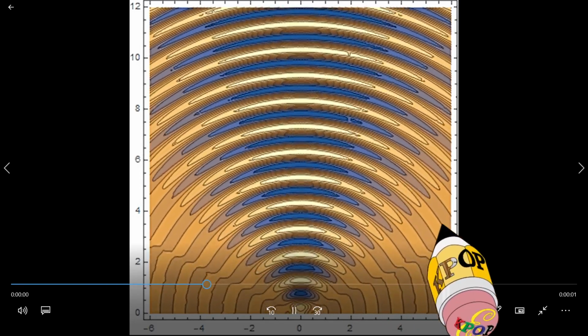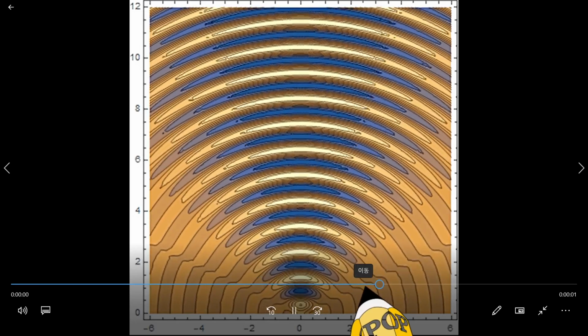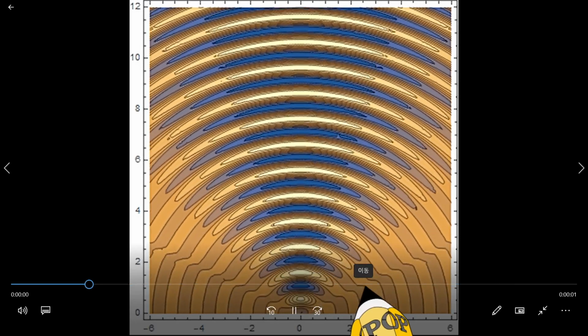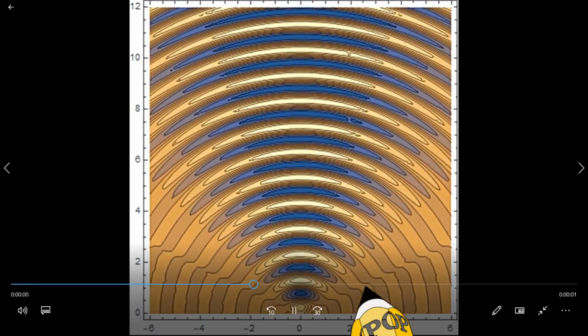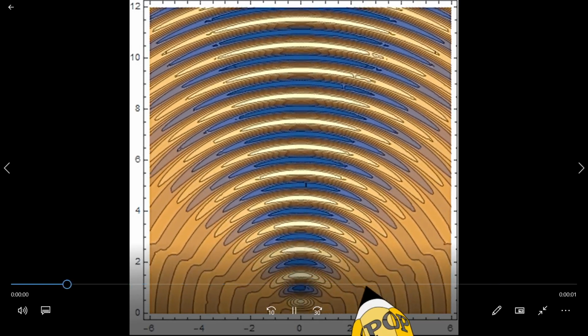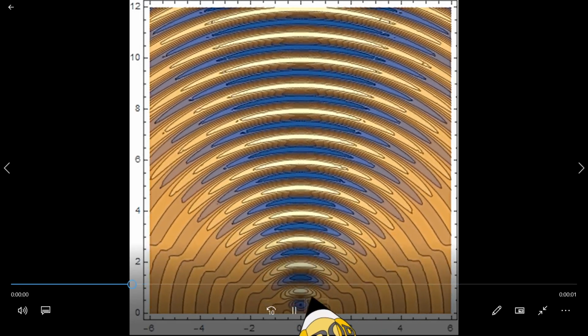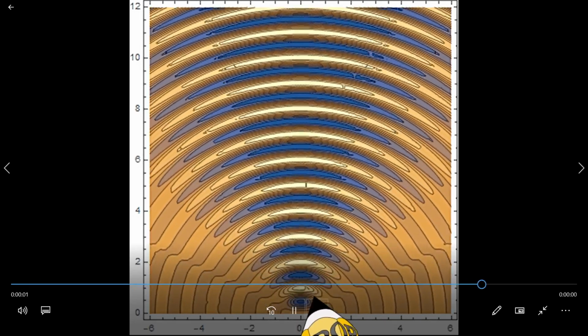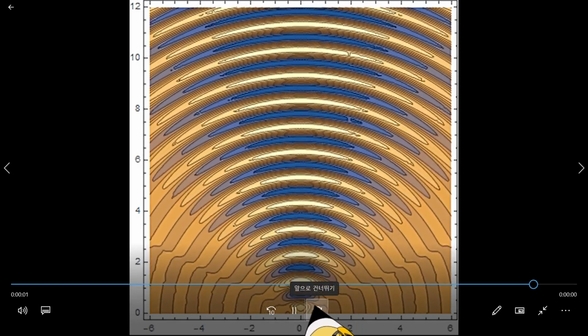In the actual numerical calculation of this animation, we used 11 point sources. They are of equal phase, and we added them all linearly. As we can see, this gap is small enough.